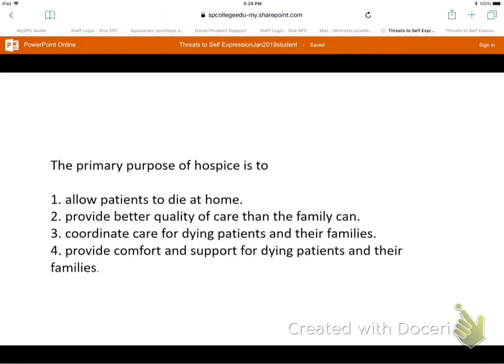What's the primary purpose of hospice? Well, it's not curative, so making the patient comfortable as much as possible. Provide comfort and support.